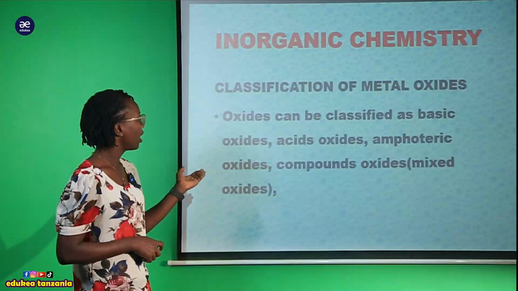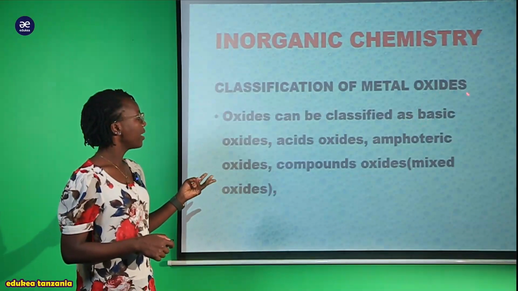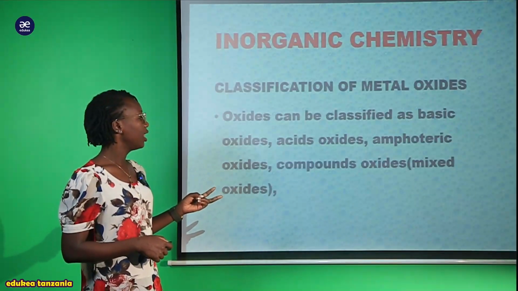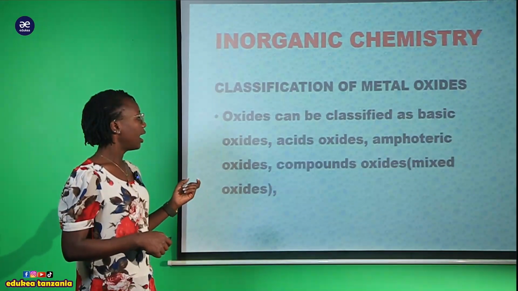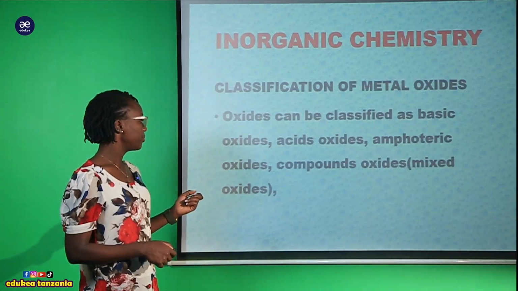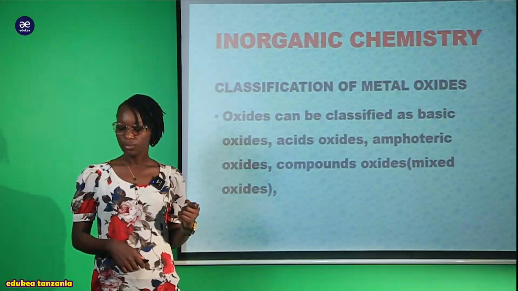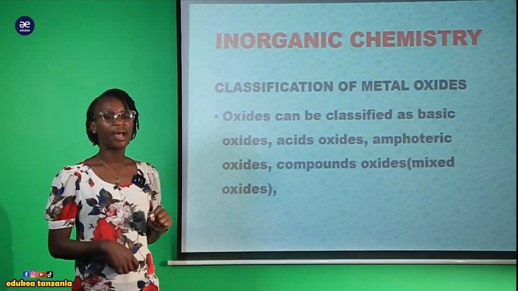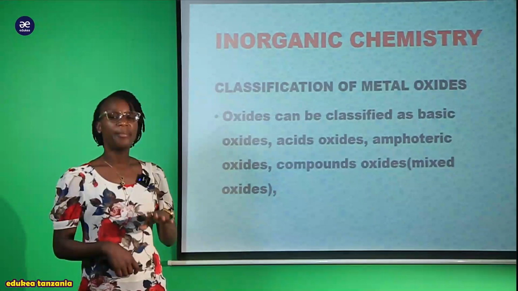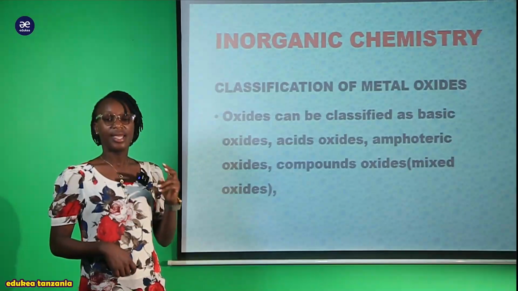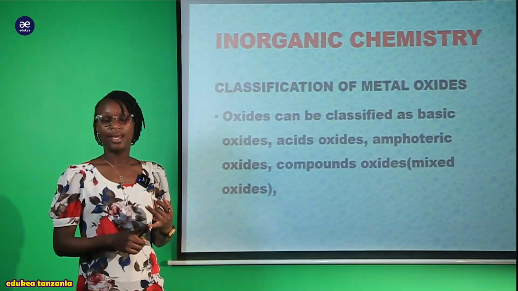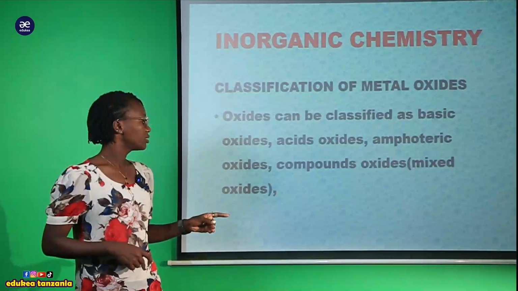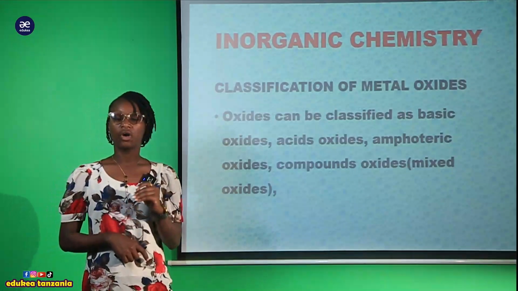For instance, anasema kwamba oxides can be classified as a basic oxide, but also as an acid oxide, amphoteric oxide, compound oxide ambayo sometimes is known as mixed oxide. Kwamba tunapokuja kuangalia classification of this metal oxide, anasema kwamba they are classified into mainly 4 categories or classes. Ya kwanza kabisa ni issue of the basic oxide, but also there is acid oxide, but also there is amphoteric oxide, and the last one is all about the compound oxide.